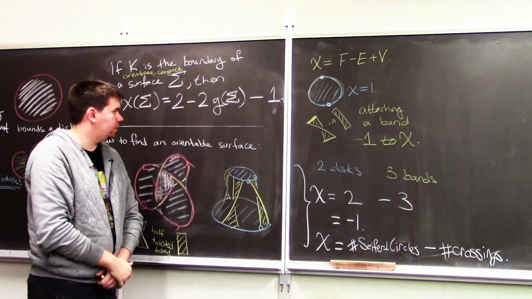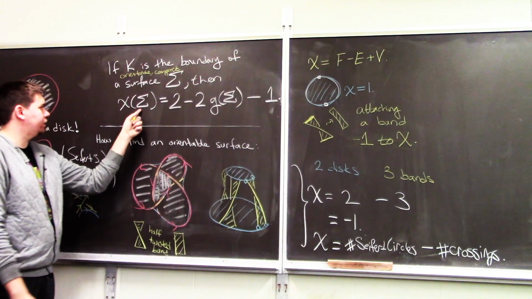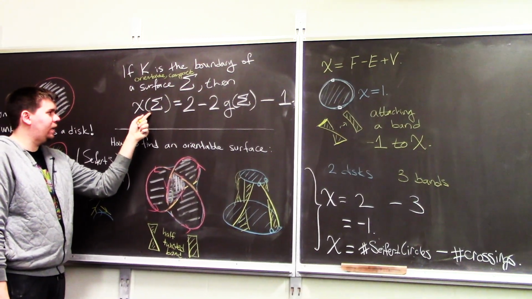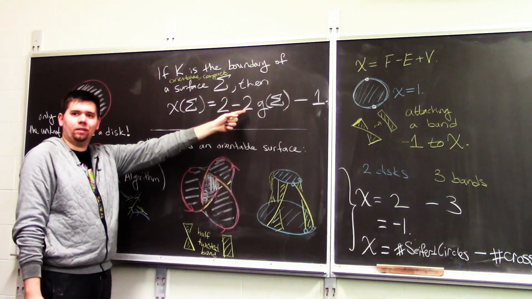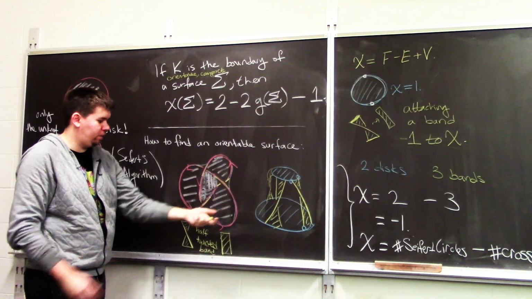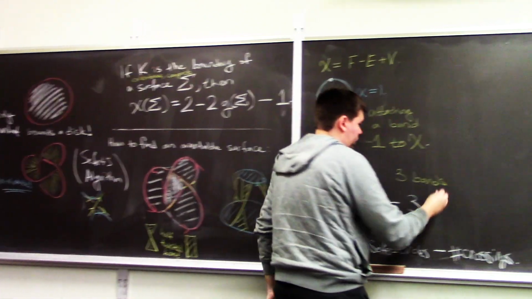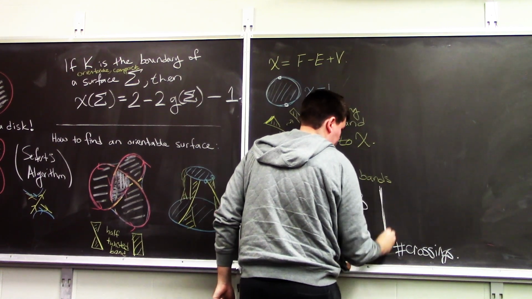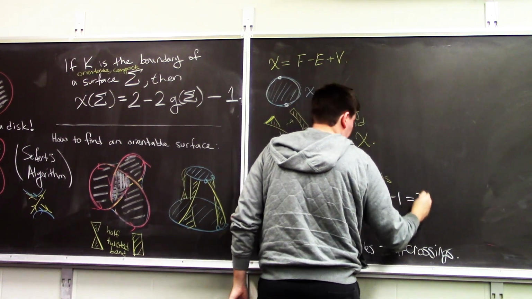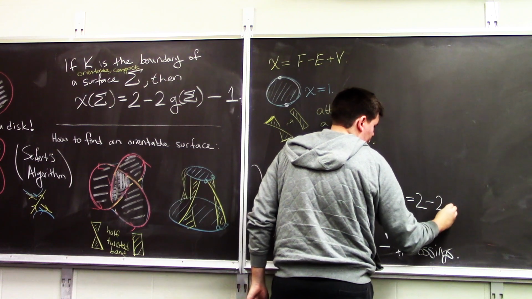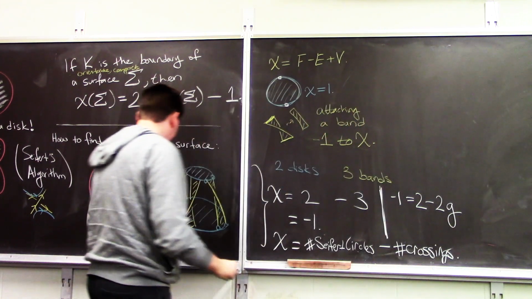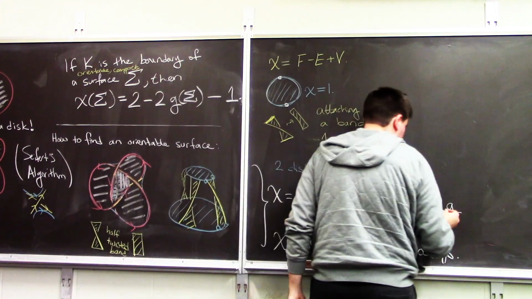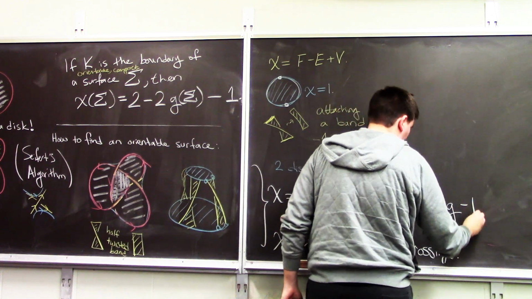Why does that matter? This is why it matters. Because if the Euler characteristic is negative 1, I can figure out what the genus is. The genus of the surface: negative 1 equals 2 minus 2 times the genus of my surface, so let's call it g, minus 1.